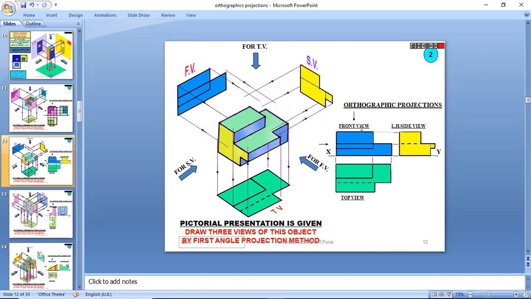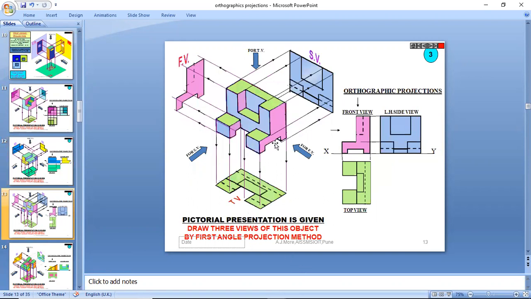When drawing on a plain sheet of paper, first of all you have to draw one xy reference line. Above the xy reference line there is a horizontal plane, below it there is a vertical plane, and on the reference line xy there is a profile plane. We call it two types of side view, left hand side view and right hand side view.